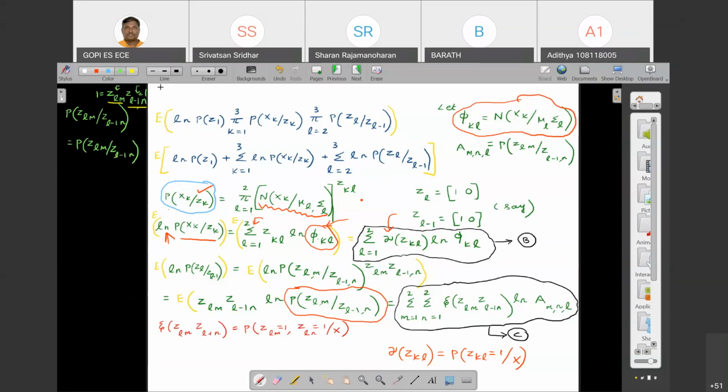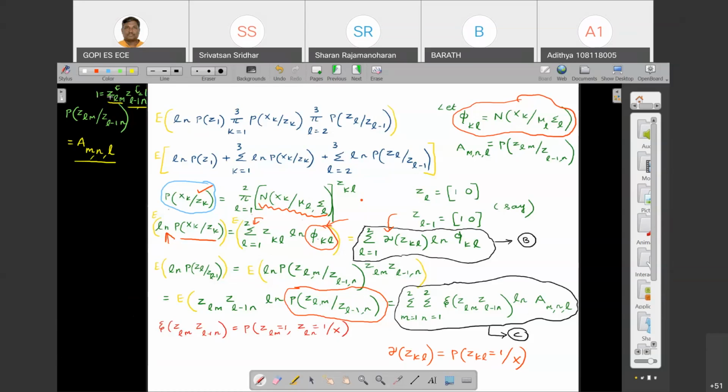You directly get the corresponding transition probability. So the transition probability is represented as what? A_MN_L, right? So this will end up with the corresponding A, depending upon the particular combinations of L, M, and N that give you both the elements as 1 and 1, right?